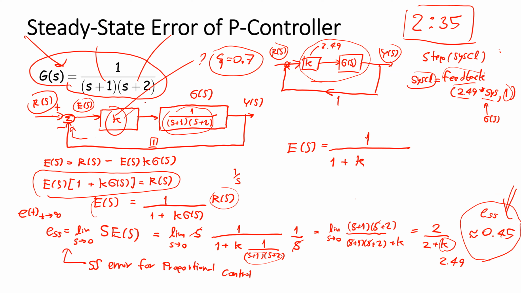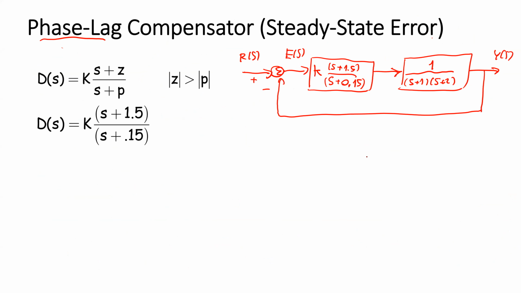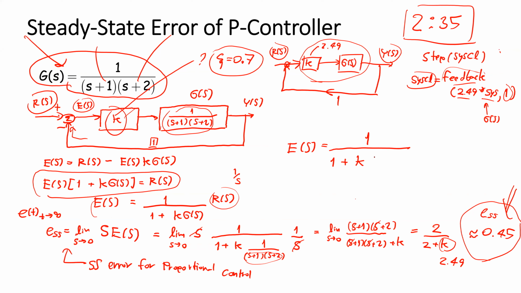If this is a lag system, it's going to be s plus 1.5 divided by s plus 0.15. The lag compensator, and then the system.